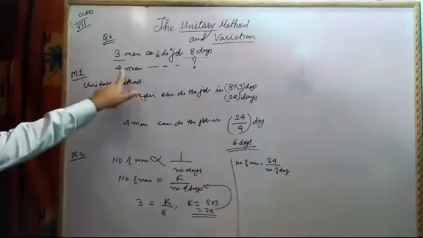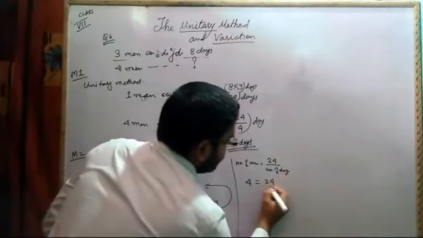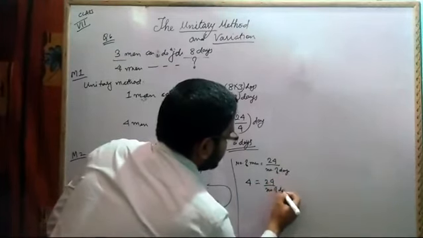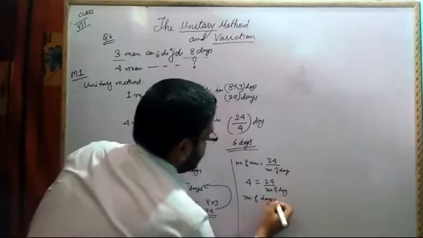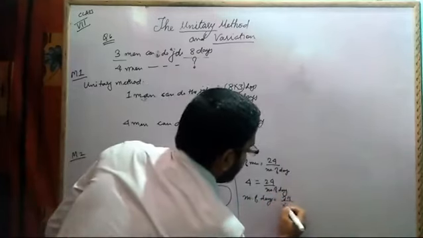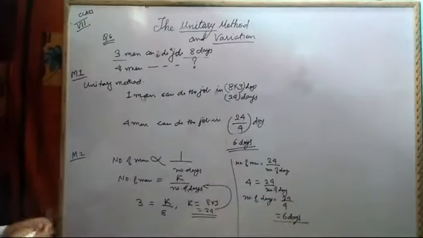Now second part, 4 men. 4 men means here number of men is equal to 4. 24 by number of days. So number of days is equal to 24 by 4. That means 6 days. Okay, same thing my dear students.